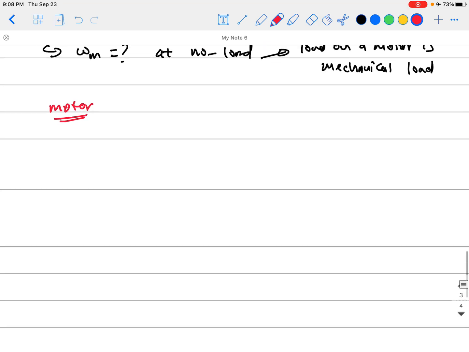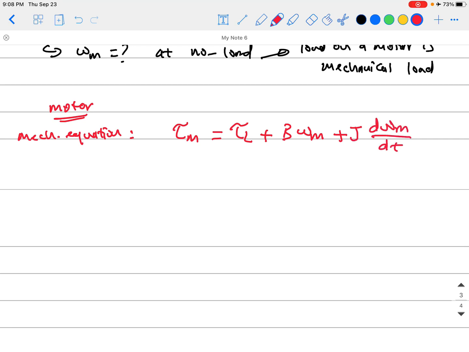Okay, so to understand what this means, and the mechanical load and all that stuff, I'll give you now the very famous mechanical equation of any motor, okay, guys? The torque of the motor equals the load torque plus B multiplied by omega m plus J multiplied by d omega m by dt.